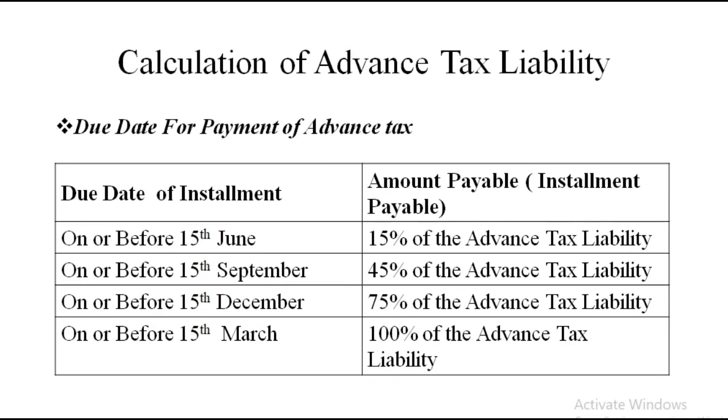And if it is on or before 15th March, then it will be completely 100% of the liability. So this is one table which needs to be thoroughly learned. And now based on this table, let us see how to find the tax liability.